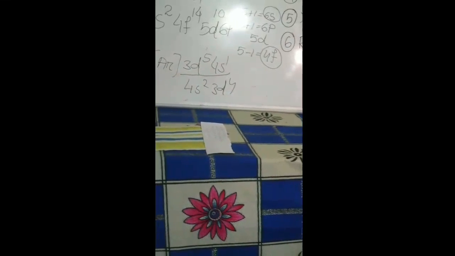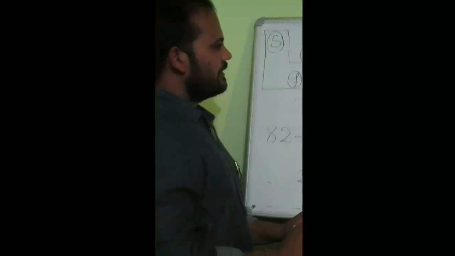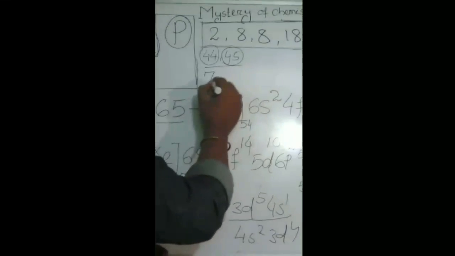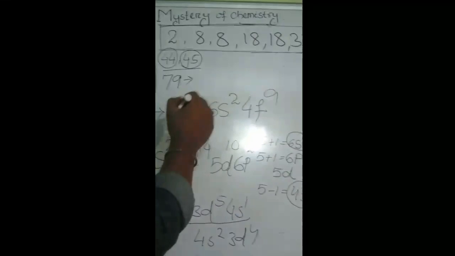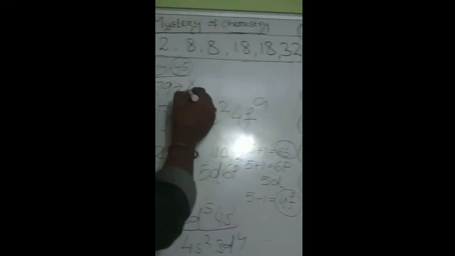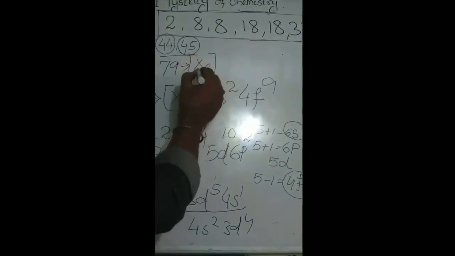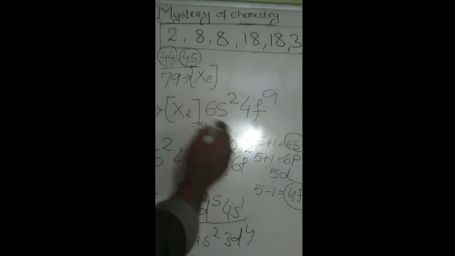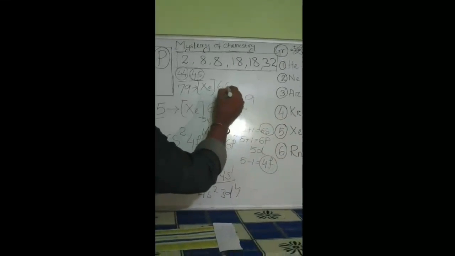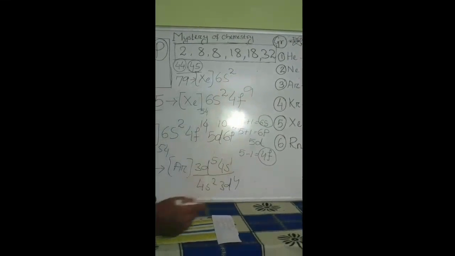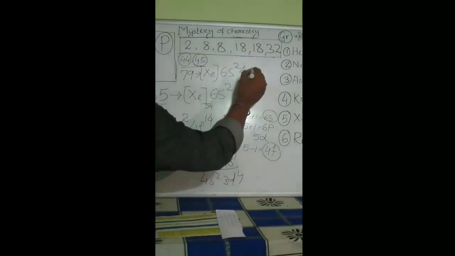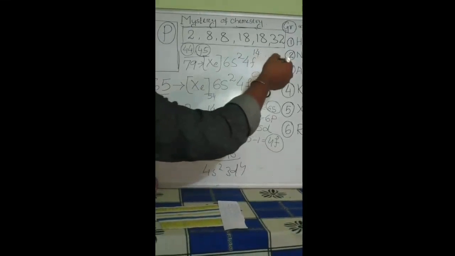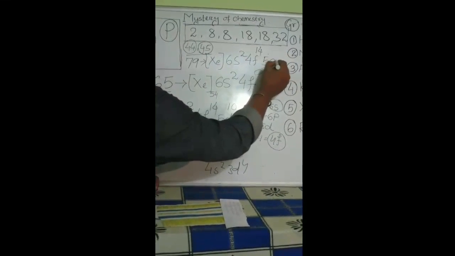In this method, I will take another example. That one is atomic number 79. If I take atomic number 79, what will I do in this case? We see this one is xenon, crossing over 54, and next I will go to 6s. So 6s2, suppose. Next one is 4f14 and next one is 5d9.